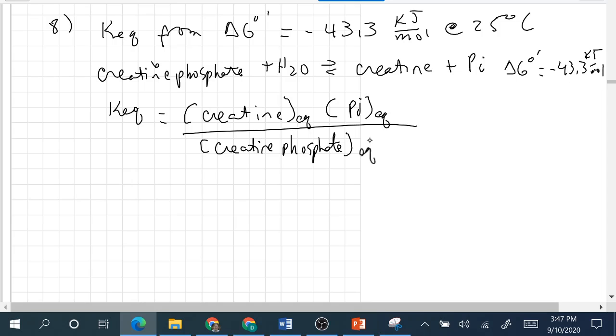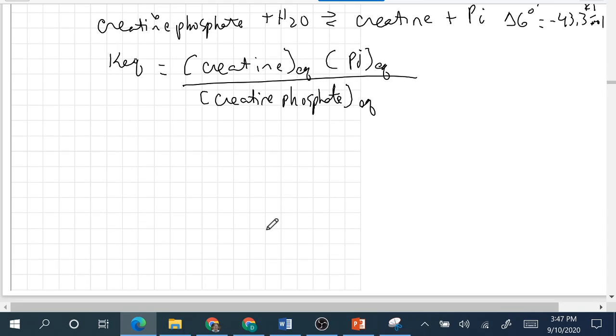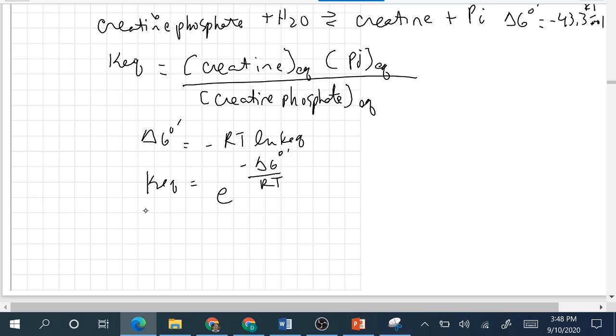Remember this equation: delta G naught prime is equal to negative RT ln of KEQ. So we can solve for KEQ, which is equal to e to the negative delta G naught prime divided by RT. This is getting KEQ from delta G naught prime.